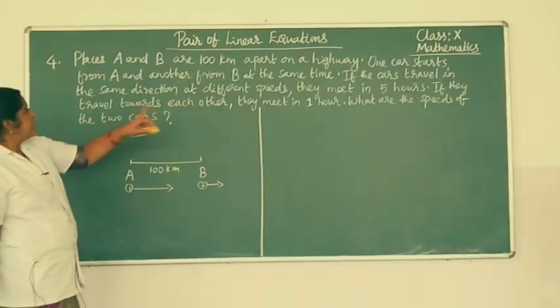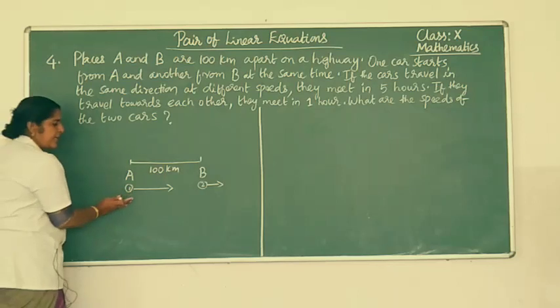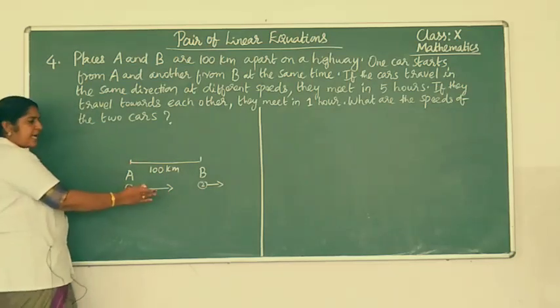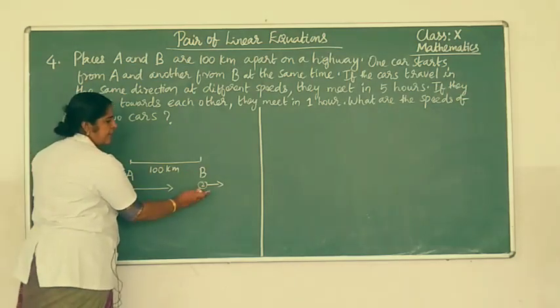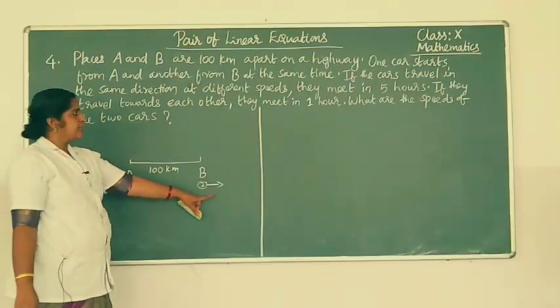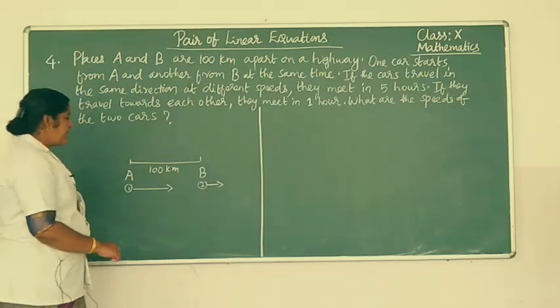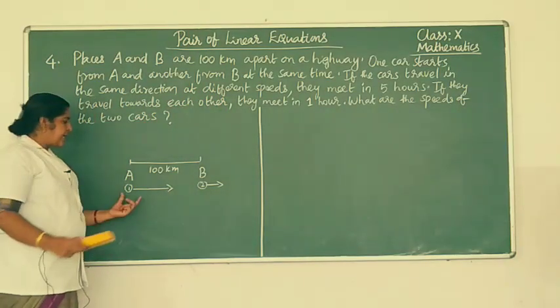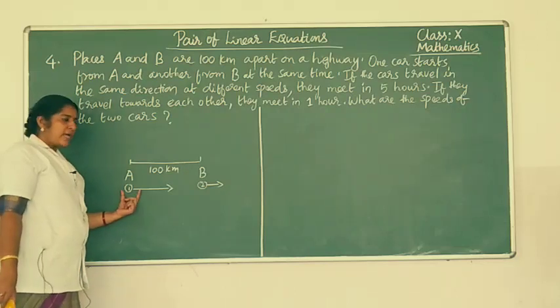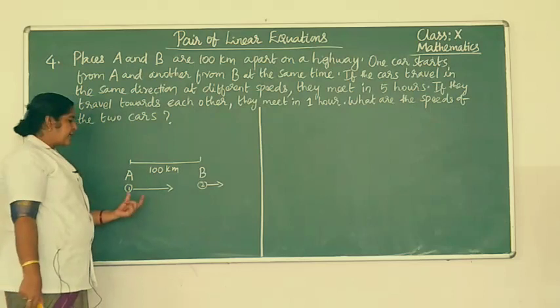If the cars travel in the same direction, this car is moving in this direction, and the car from B also moves in the same direction. When they move in the same direction at different speeds, either we can consider car A is slower than car B, or car B is slower than car A.